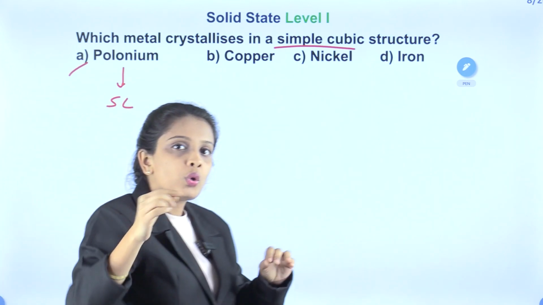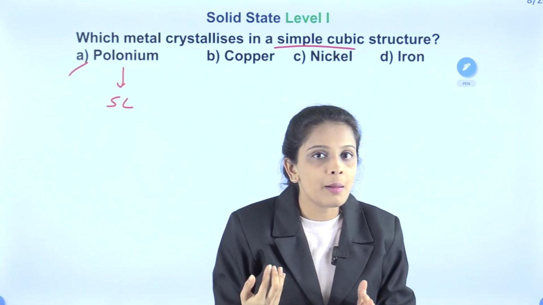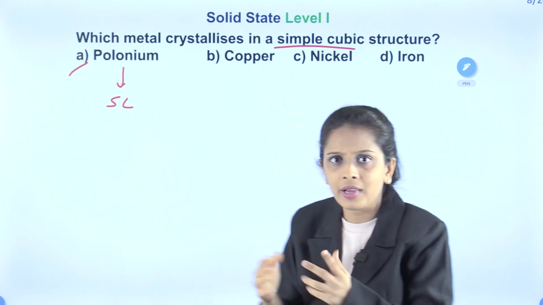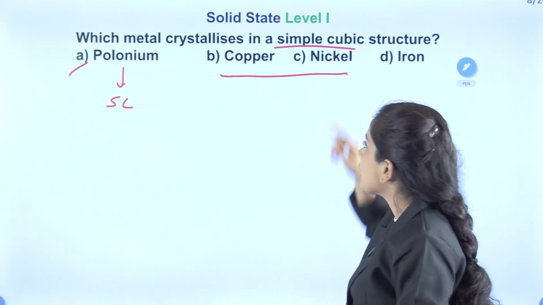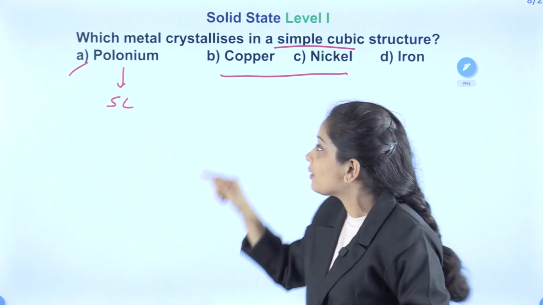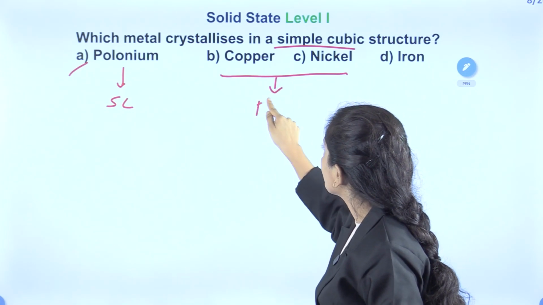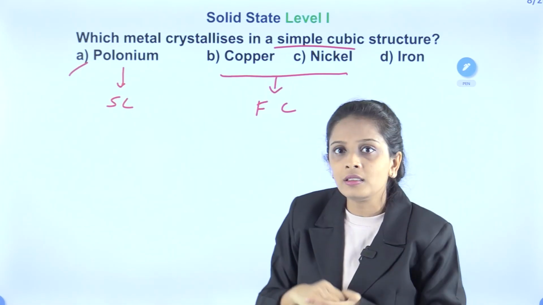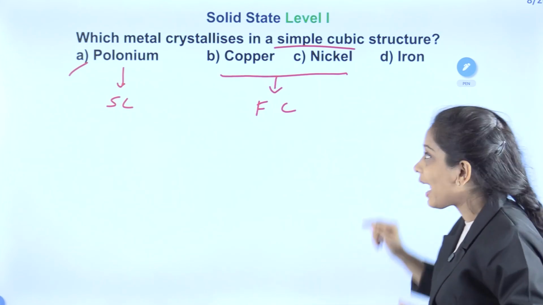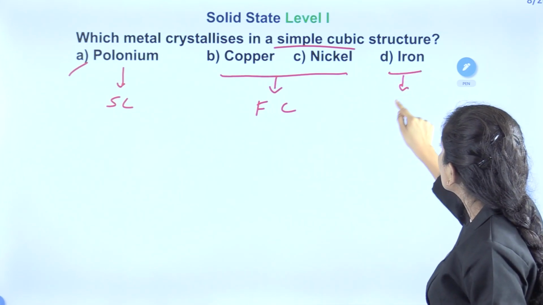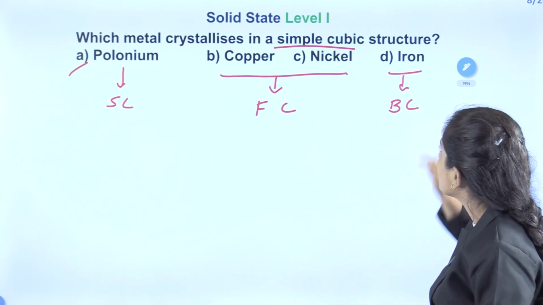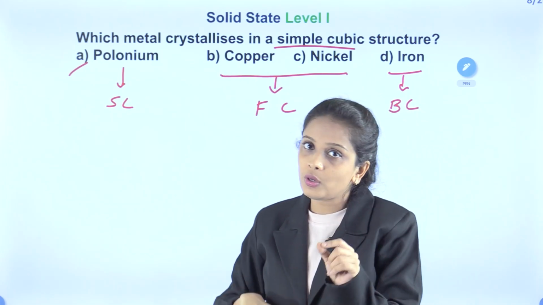I want you to remember other examples also. What I am trying to say is that copper and nickel show face centered cubic structure, and iron shows body centered cubic structure. You need to remember.